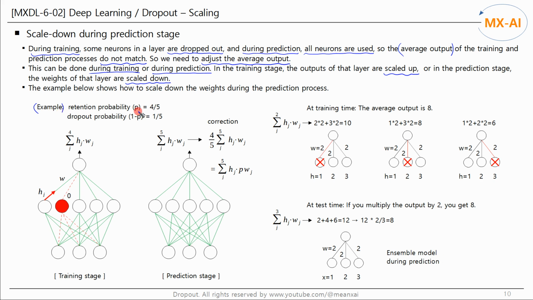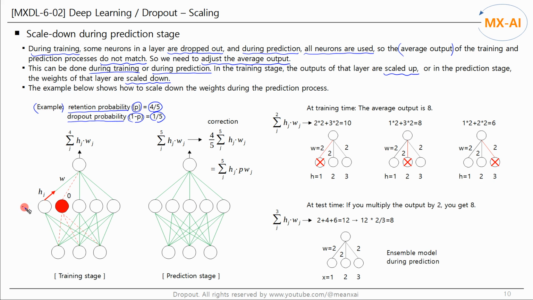Let's call the probability of a neuron not being dropped P and assume it is 4/5. This is the retention probability. Then the probability of the neuron being dropped is 1 minus P, which is 1/5. This is the dropout probability, or dropout rate.